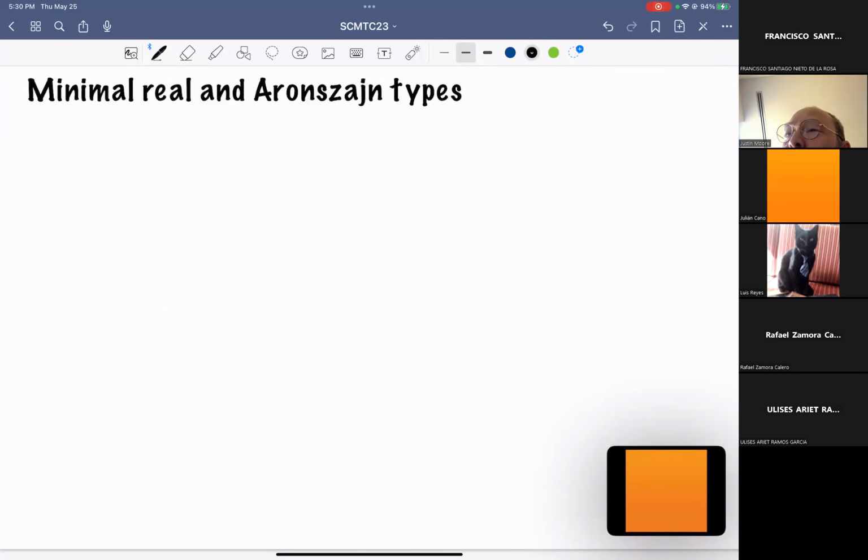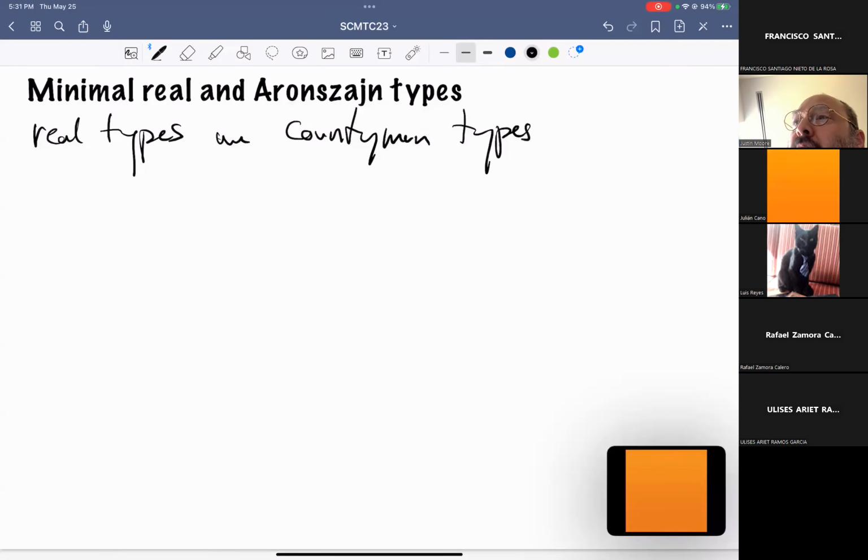Now, you might ask, there are always real types and Countryman types, which exist in ZFC. Are there minimal examples?